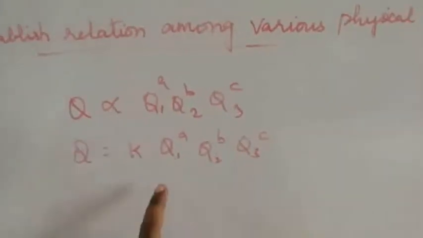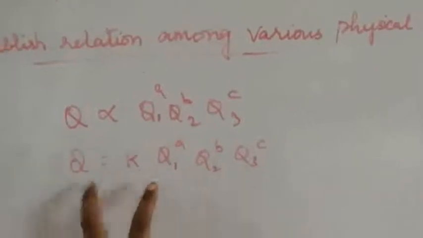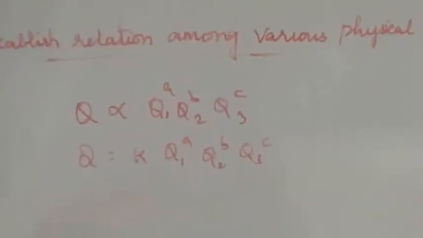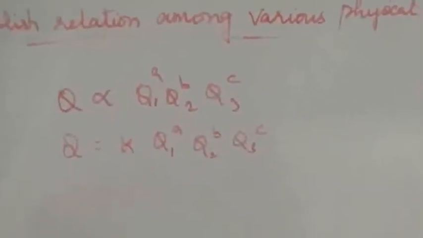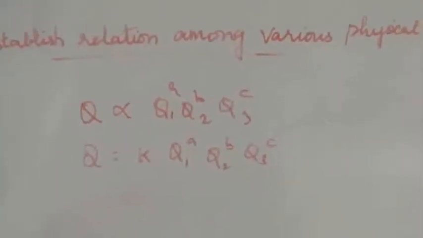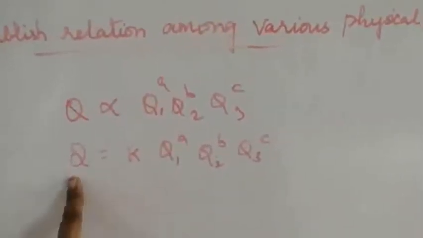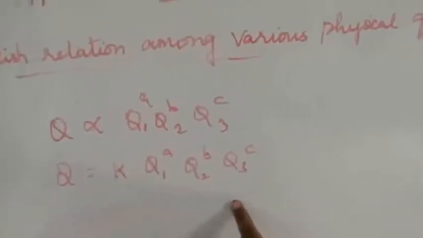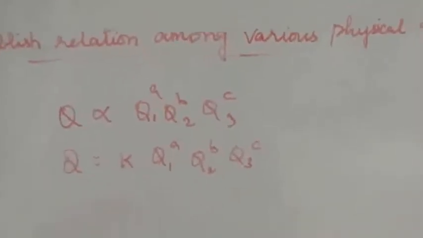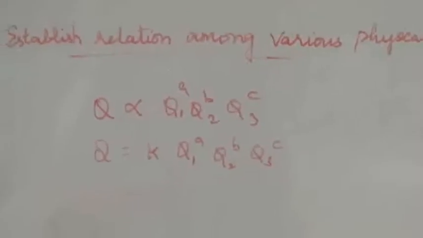If it had dimension, the dimension would get varied, so it should not affect the dimension. So this constant is dimensionless, which means it is just a number, it doesn't have any dimension, and this quantity's dimension will be equal to the dimension of all these combined quantities. So that dimensionally it is related.